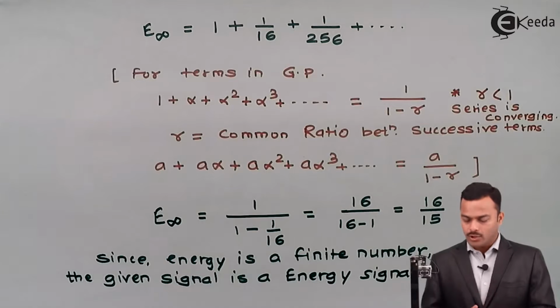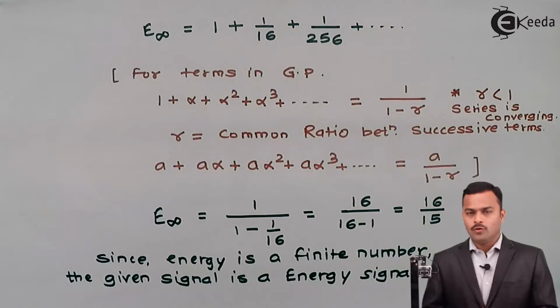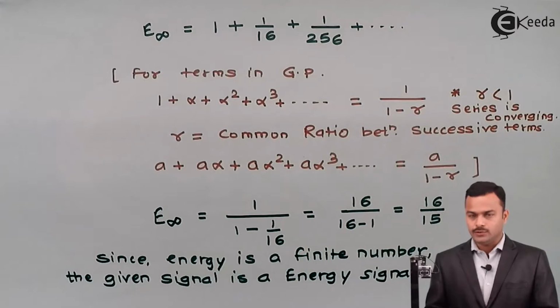At that time, I cannot use this formula. A sequence or series which is converging, meaning ultimately it becomes 0 for more terms in the series, is called a converged series, and only for a converged series can I use this formula. Otherwise this formula cannot be used.